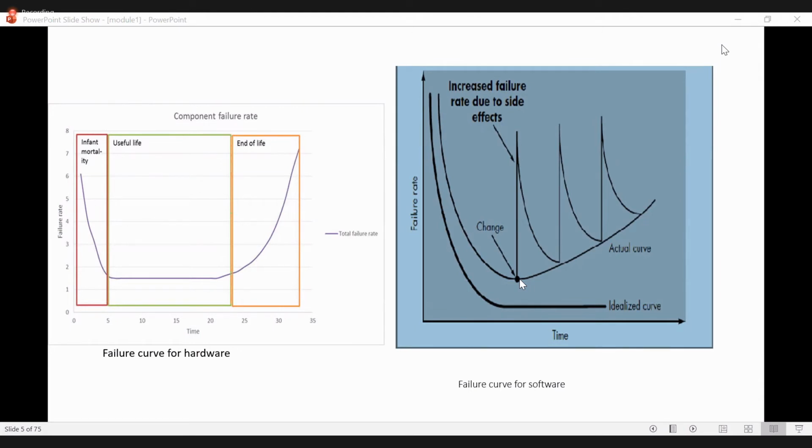Suppose you are running an organization, you have 1,000 employees, but your business is growing very fast, your requirements may change. So this is not the same software you're going to use for a larger number of users. If you extend your business to some other area, again the software will change.